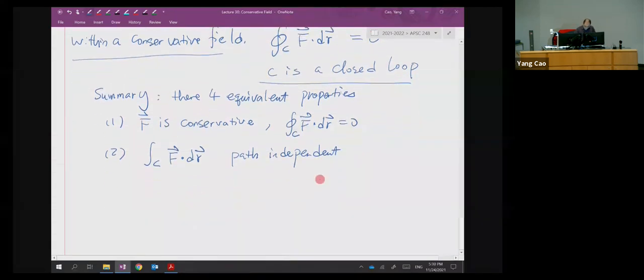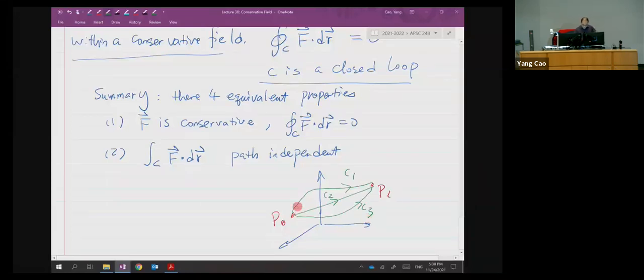This is also very easy to understand, because given 2 points, P0 and P1, technically you can create an infinite number of curves from P0 to P1. So C1, C2, C3, you can create an infinite number of paths.